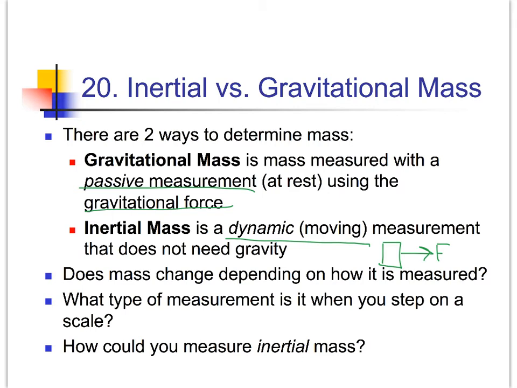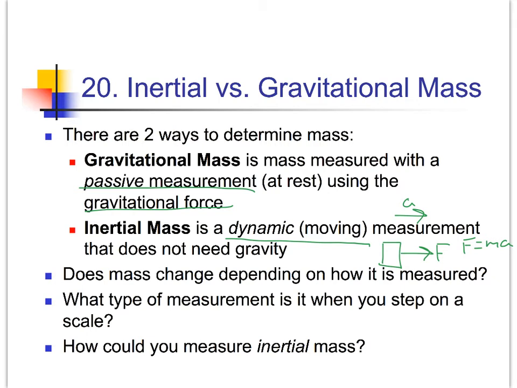If we knew that force and we knew the acceleration, okay, we could simply use F equals ma to calculate the mass of the object based off of the force we pull it with and the resulting acceleration. So that would be a way of determining the mass of an object using the idea of inertial mass.